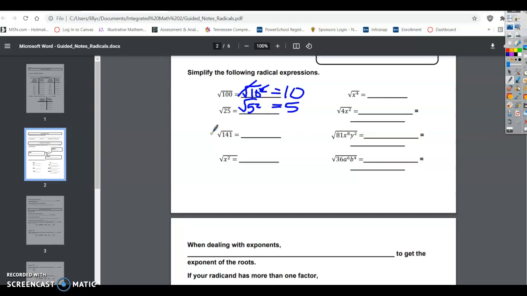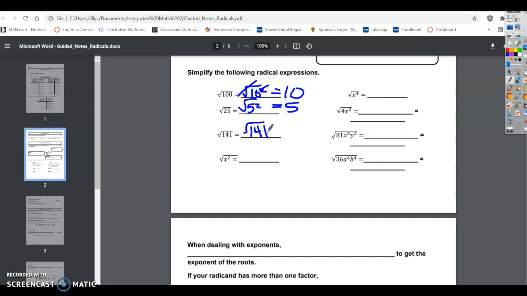So 3 times 47, but 47 is not divisible by 3, or 4, or 5, or 6, or 7, or 8, or 9. So 47, I believe, is a prime number, so this number is not going to break down any further, so you're just going to leave that as the square root of 141.